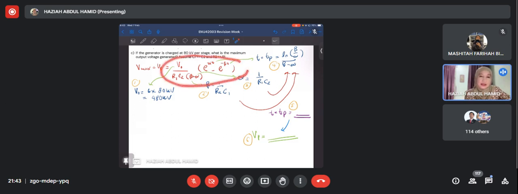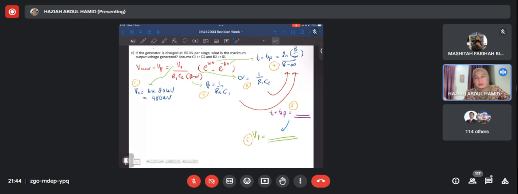Actually this equation is the equation that describes the impulse waveform. Okay, the impulse waveform. It's just that with the equation, we can find the peak time, or the time when the voltage reaches the maximum value.